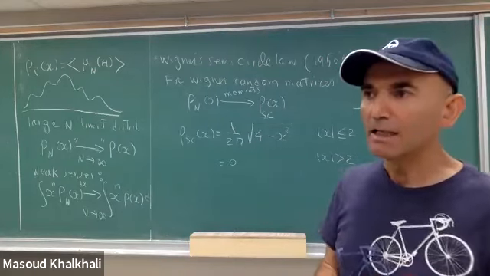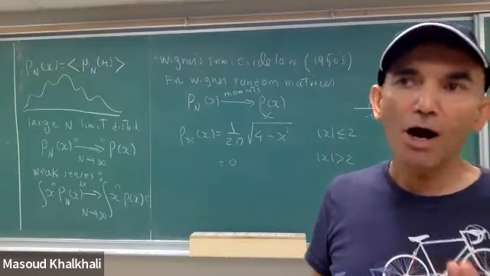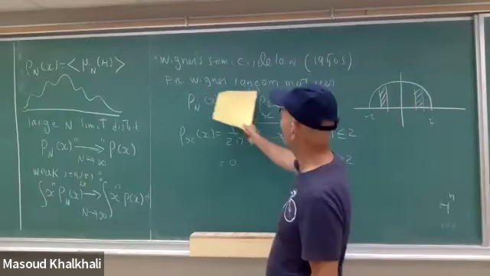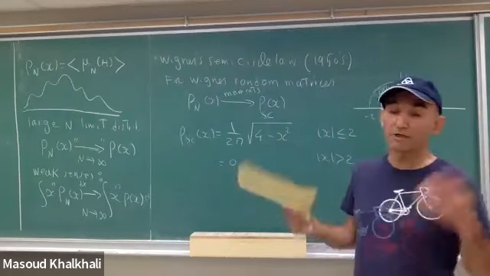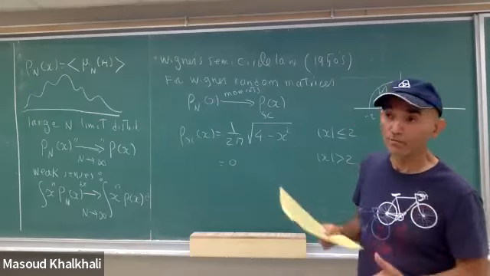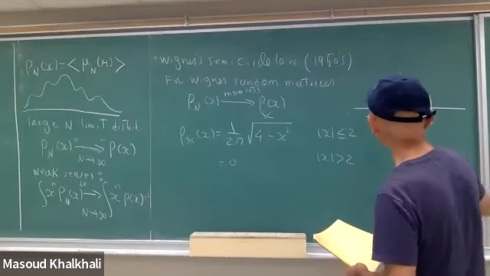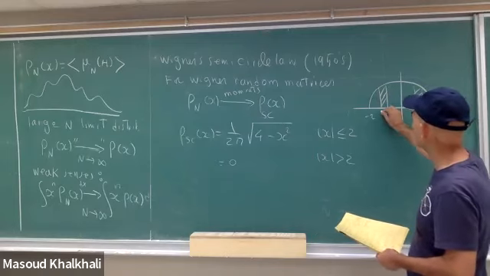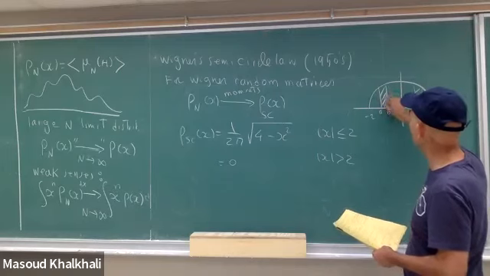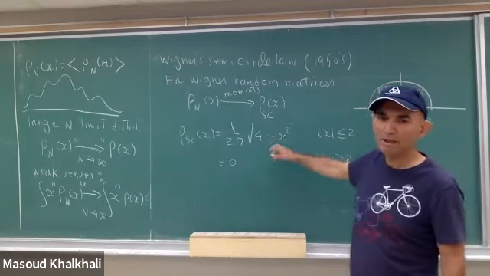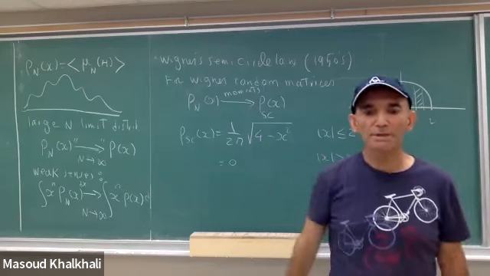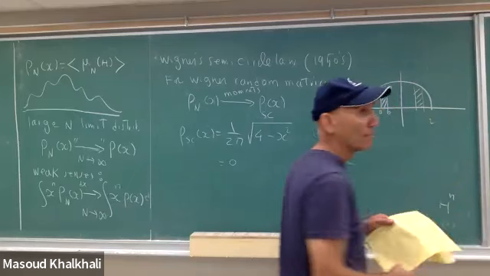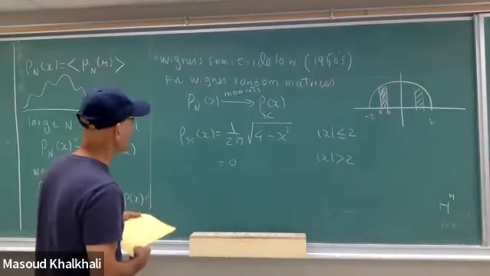It says that if you are given a large random matrix whose entries are distributed according to Wigner's distributions, which is very general, but they have to be independent of each other, then the probability of finding eigenvalues between some numbers a and b is going to be the area under this semicircle curve. So this is the famous semicircle law.